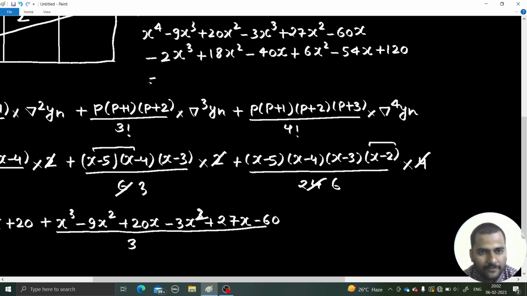So if I simplify this, I will be getting x power 4 minus 9 minus 3 minus 2, minus 14x cube, and then 20 plus 27 is 47 plus 8, 55, 65 and 71.